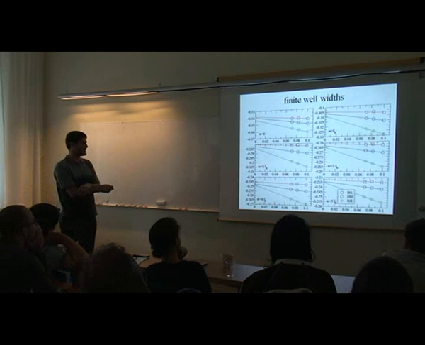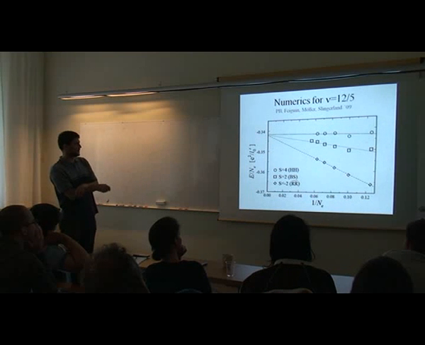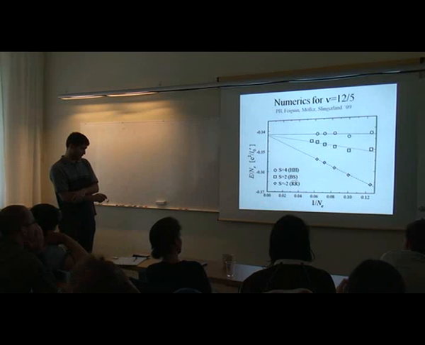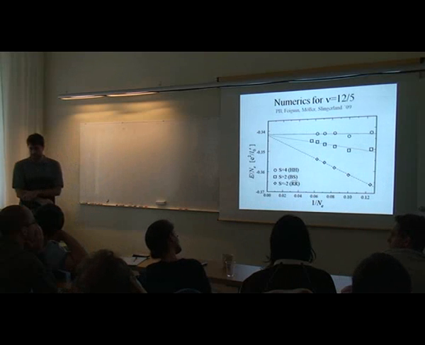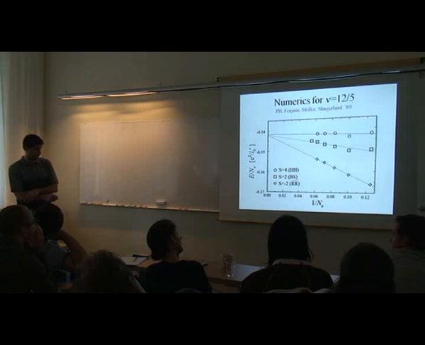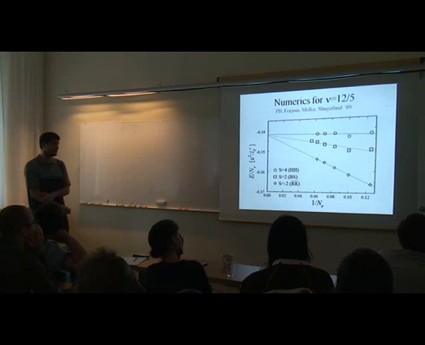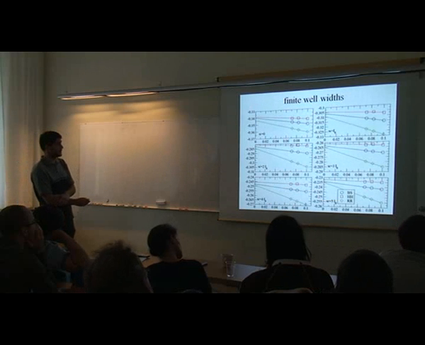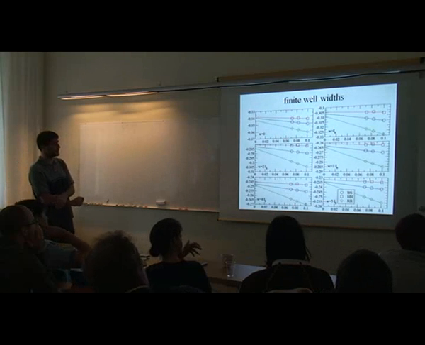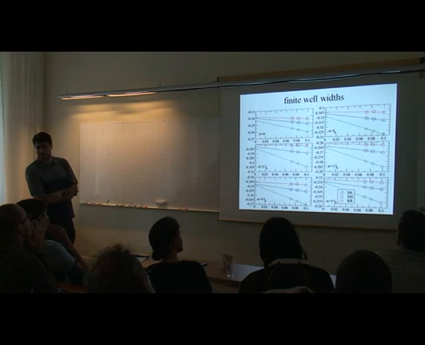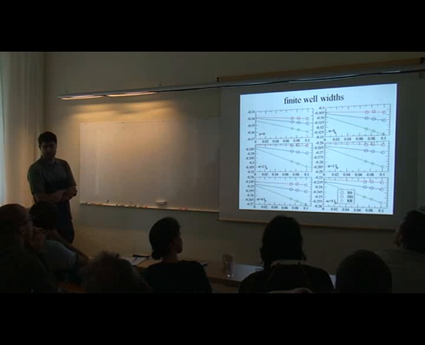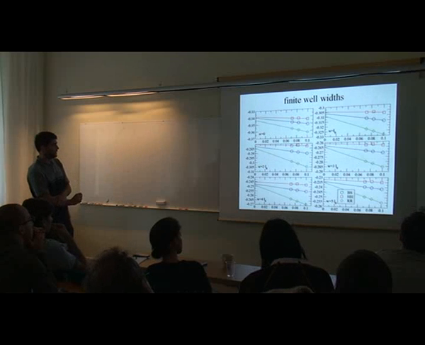In any case, this was all done for zero well widths, and we're in the process of producing the same kind of analysis for finite well widths. Here's some preliminary data that Gunnar has just recently produced, and here we don't have the n equals 8 point included yet.